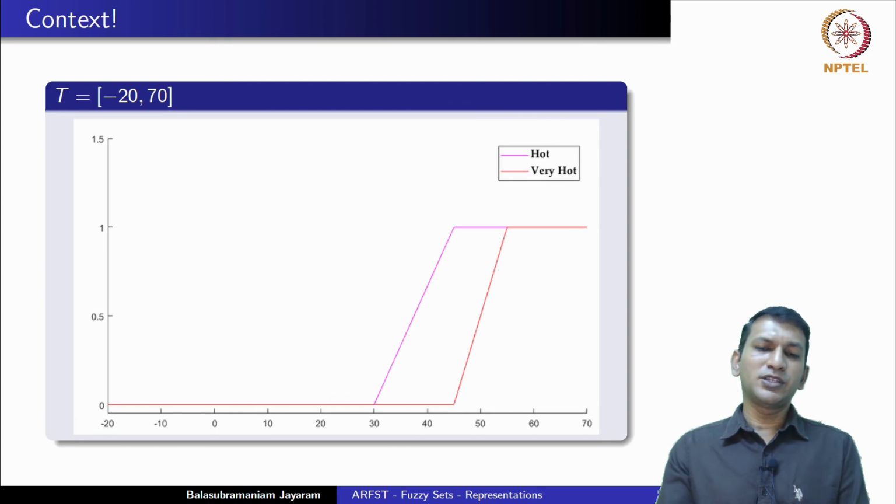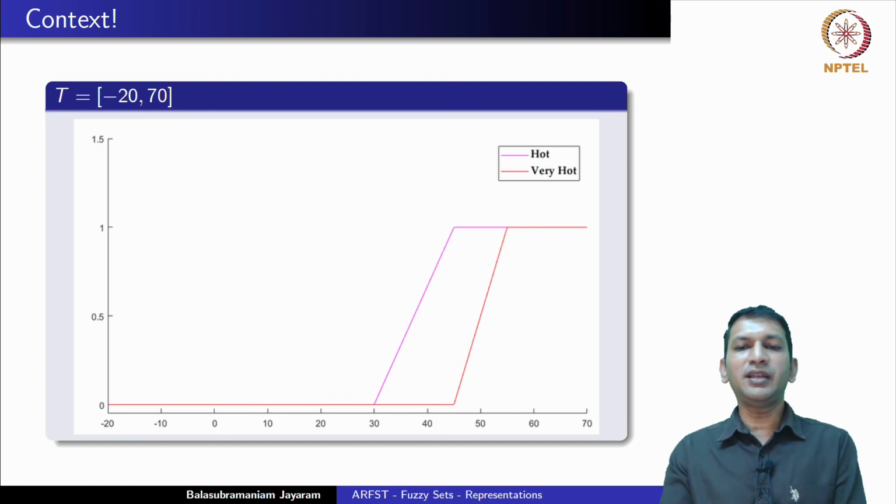However, the converse is not true. There are temperatures which are considered totally hot, but they do not find that kind of a membership value in the concept very hot. Now, this is one interpretation of hot and very hot.